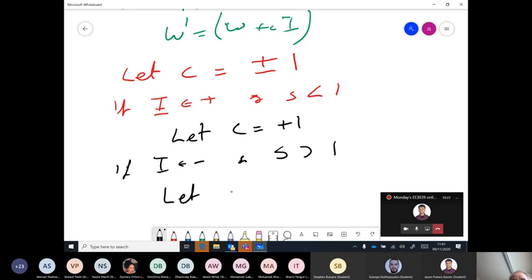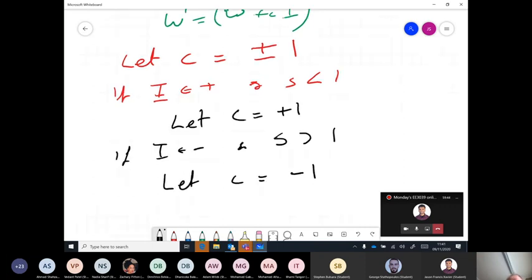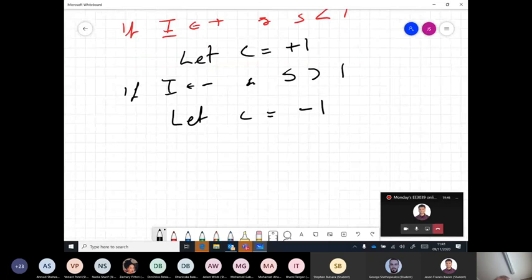Let C equal -1. And that is an approximate method which will converge less efficiently, but it will converge if there is a solution for the problem the neuron is trying to solve. And this is a typical problem that could occur in future assessments. So you need an example, don't you?